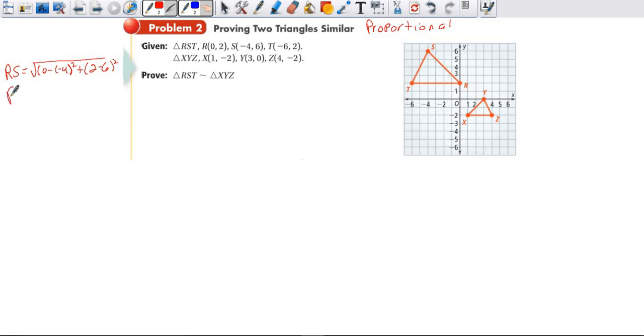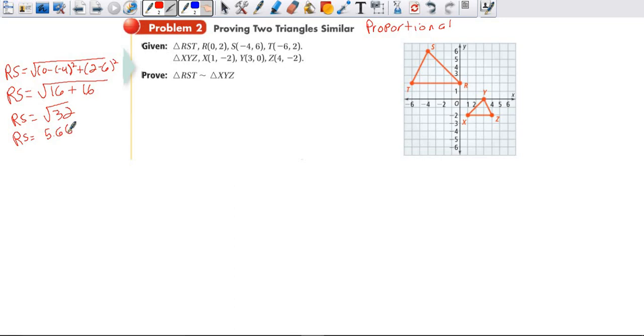All right? So we go ahead and clean that up. 0 minus -4 is 4. 4 squared is 16. 2 minus 6 is -4. -4 squared is 16. So RS equals the square root of 32. Now, for this one, you can either leave it this way, but it's actually easier to turn that into the decimal, which would be that RS equals 5.66.